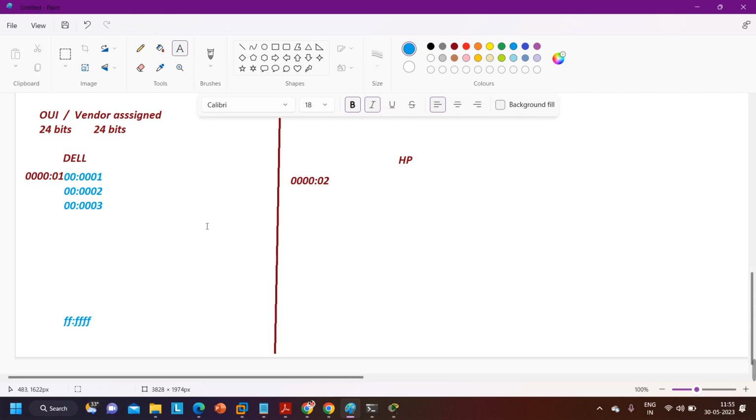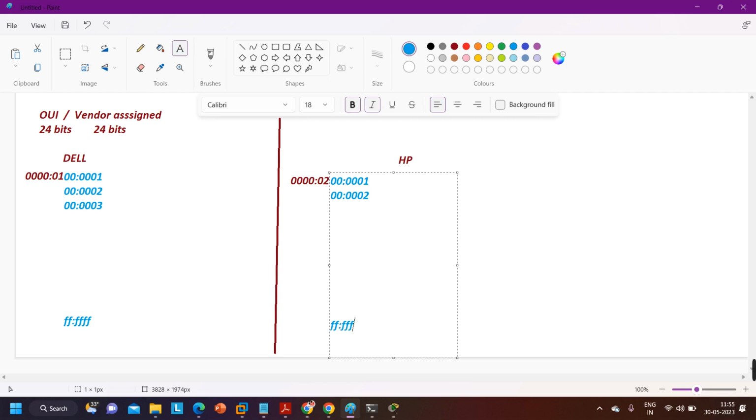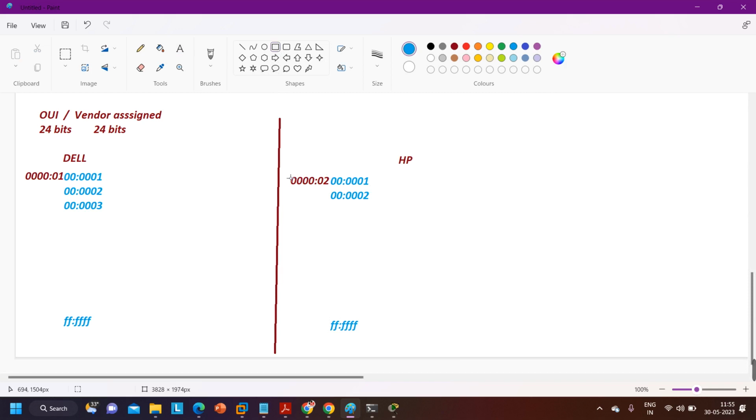Getting my point, guys? In the same way, HP, what will be the first MAC address of HP? 00:0001, 00:0002, and last MAC address of HP will be also FF colon all F. See, even vendor assigned part of Dell and HP is same, but MAC address of both is different.